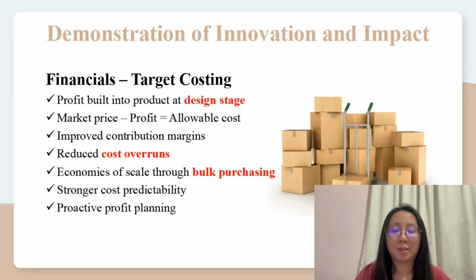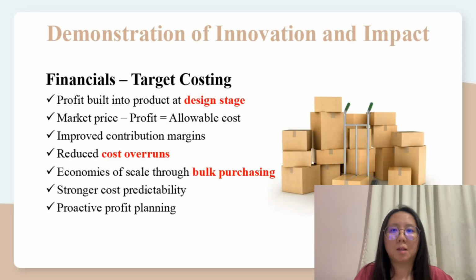Furthermore, I will explain the financial impact of target costing at IKEA. Target costing plays a very important role in strengthening IKEA's financial performance because profit is actually planned at the product's design stage. Unlike traditional costing methods where companies calculate costs after production, IKEA begins with the market price that customers are willing to pay.